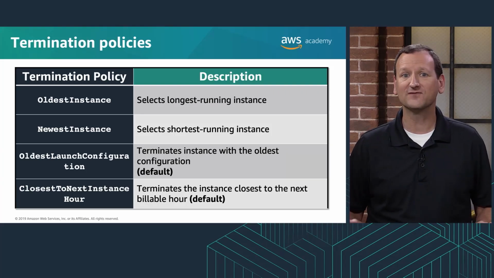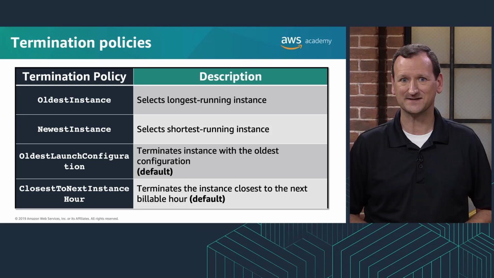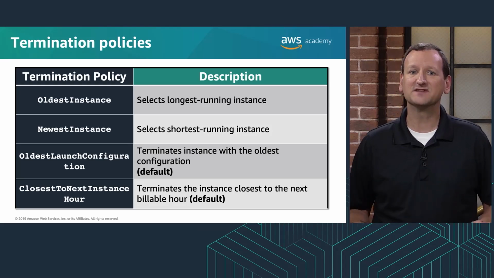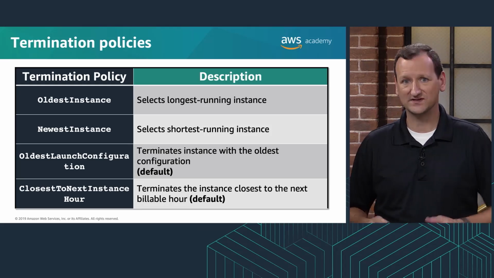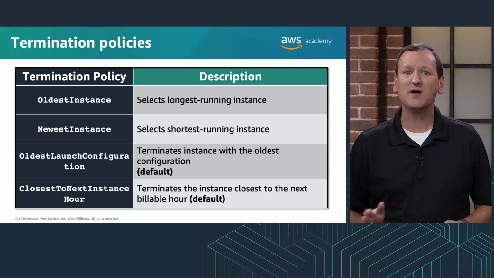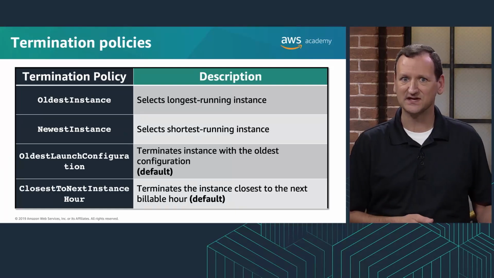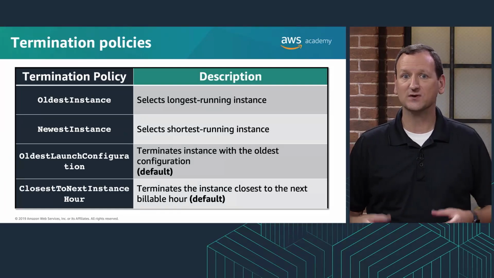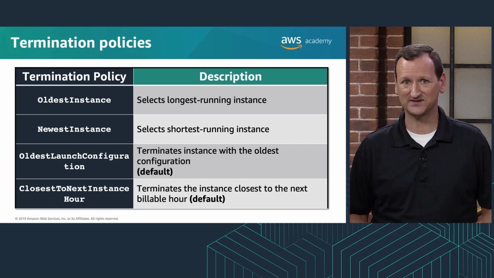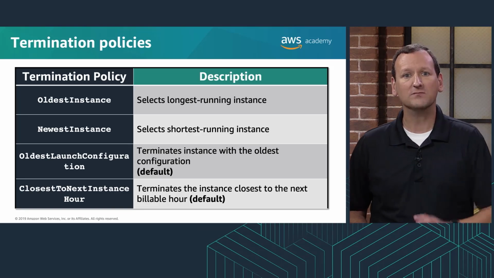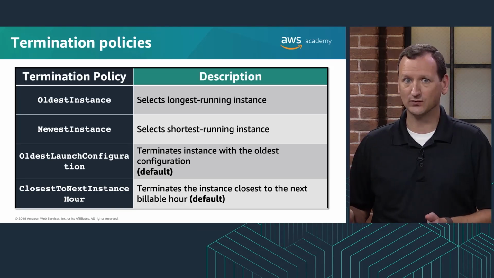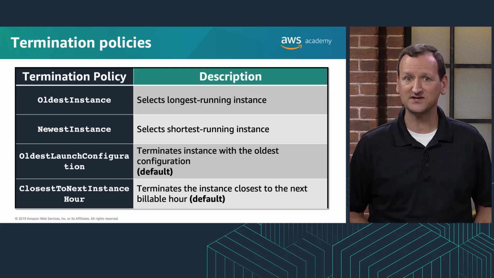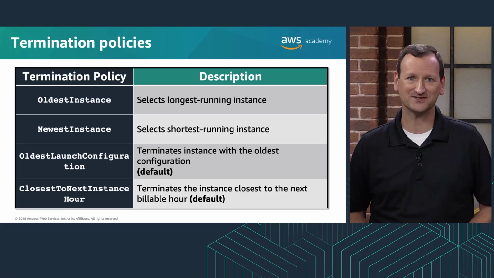There are 4 different types of custom termination policy. The first one terminates either the oldest or newest instances in the group. You might want to terminate the oldest instances if you're upgrading the instances to a new EC2 instance type, for example. Or you might terminate the newest instance in the group when you're testing a new launch configuration but don't want to keep it in production.